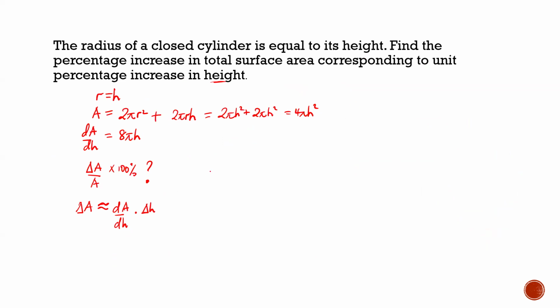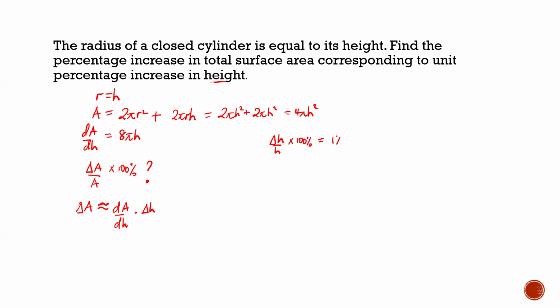But now we've been told that delta h is, well, we've been told that the percentage increase in height is 1. This is unit percentage increase in height. So how do we find delta h? We know that percentage increase in height is the same as delta h out of h times 100%.